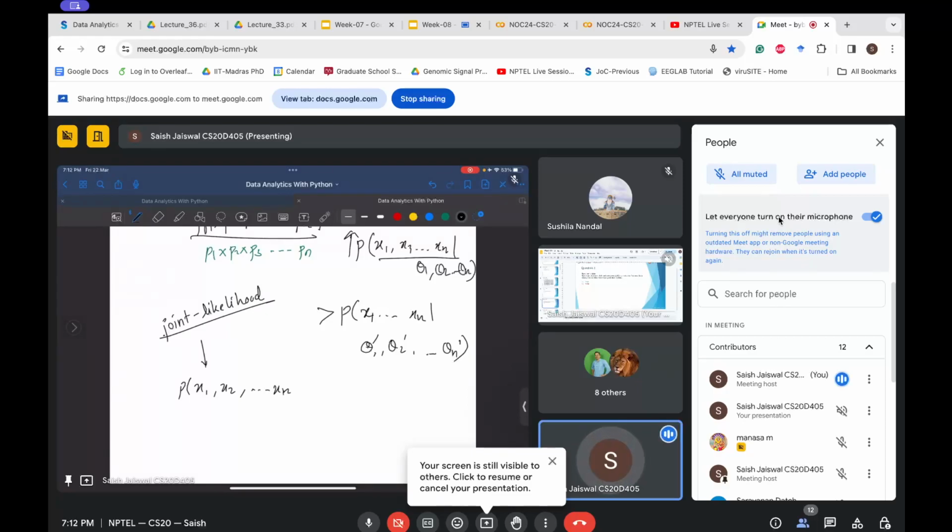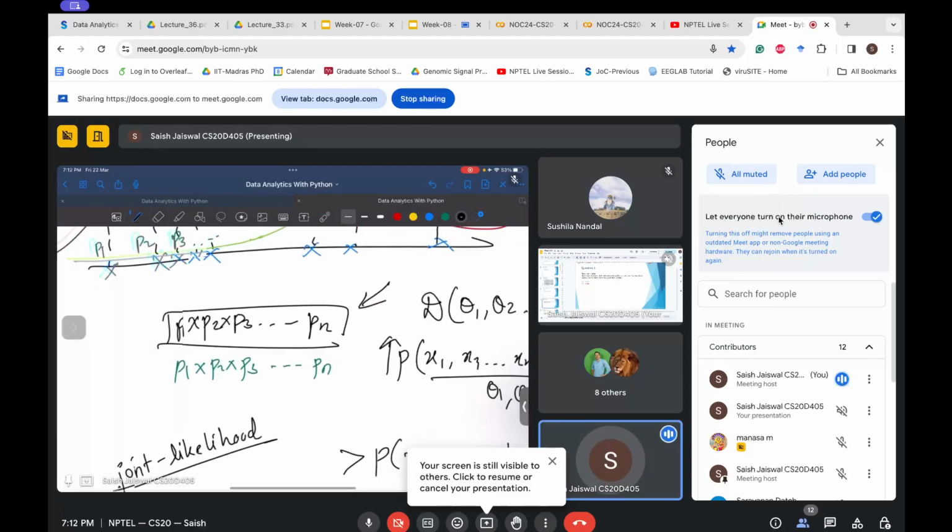So it's a probability density actually. So the joint likelihood with respect to mu 1, sigma 1 is higher for this data point compared to any other parameter mu 2, sigma 2. So you want to find this mu 1, sigma 1, and for that we do maximum likelihood estimation.